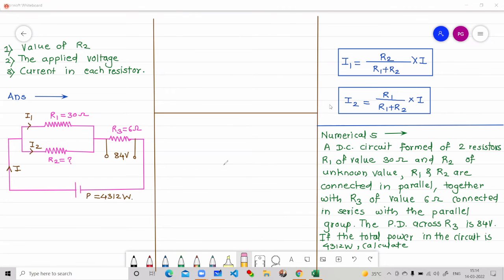Only one student has solved it? Is it taking too much time? Keep on putting your answers in the chat box.